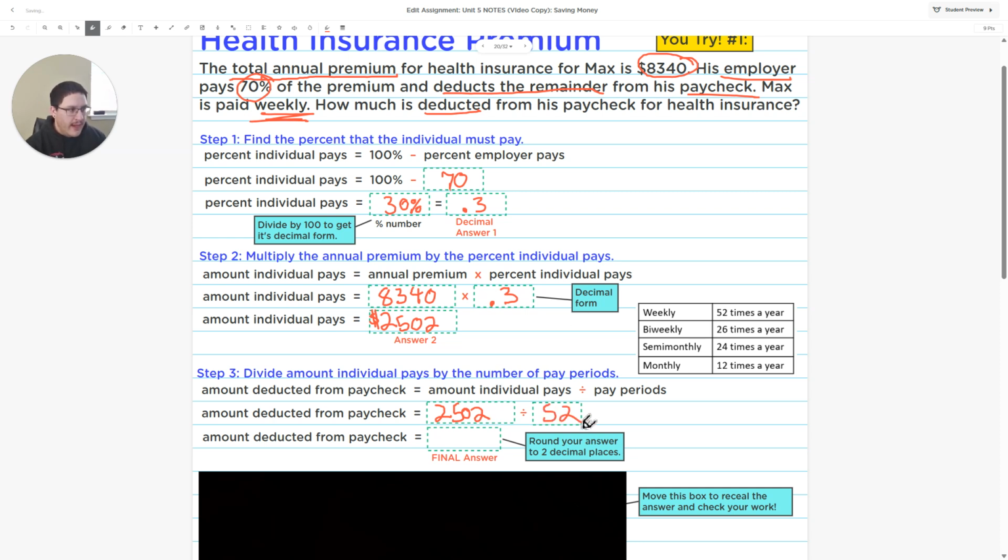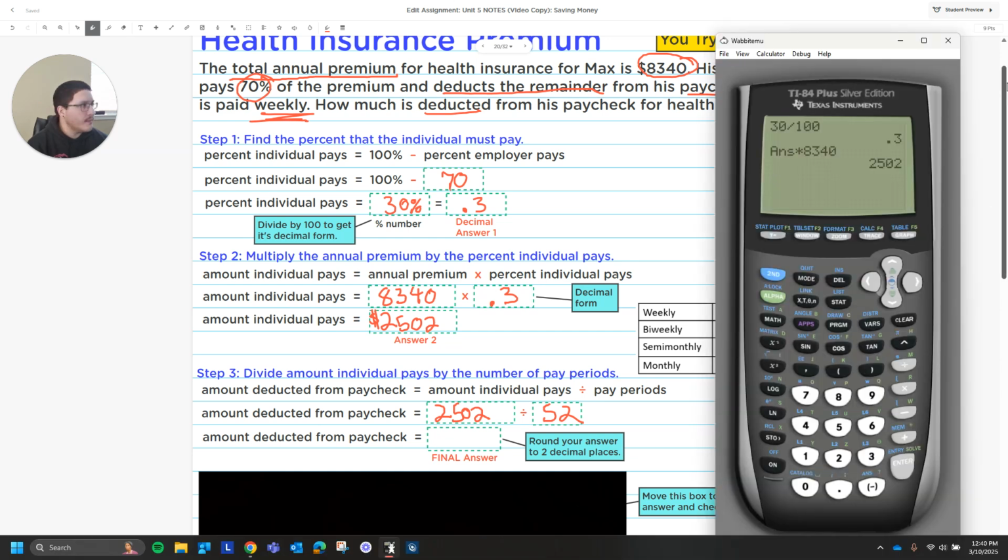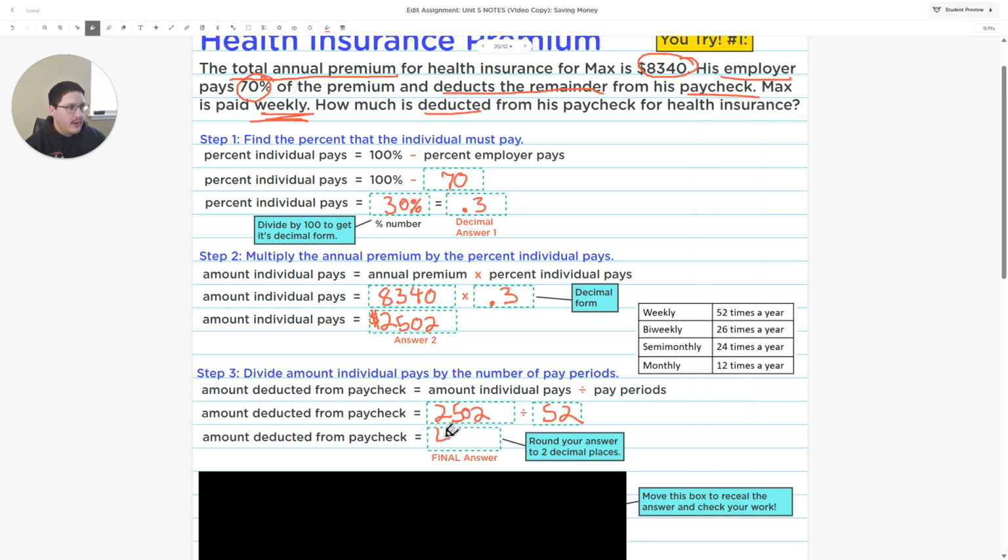So we're going to divide this by 52. Again, 2,502 divided by 52, and we get about $48.12. That gets automatically deducted from his paycheck to pay for the health insurance.